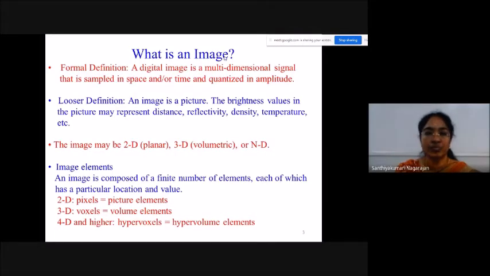Then what actually is an image? It's a digital image. It's a multi-dimensional signal. You can sample it in space or time and quantize it in amplitude. My dear students, keenly observe. In the second unit introduction, I discussed image enhancement. You're going to enhance that image either in the spatial domain or the frequency domain.